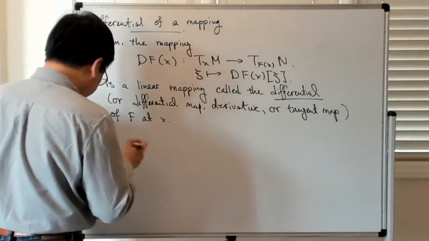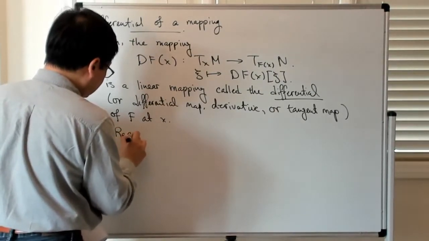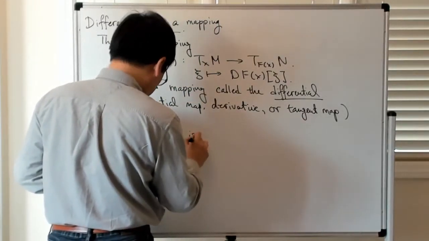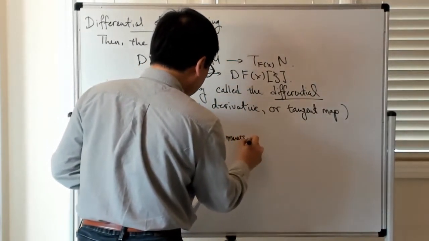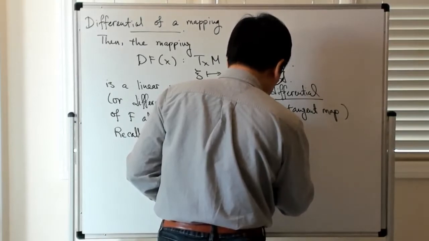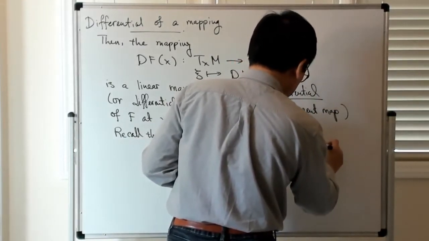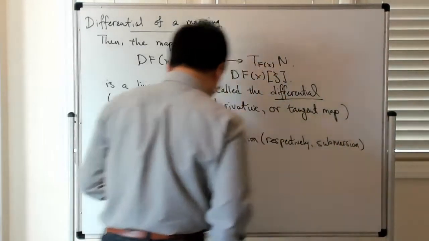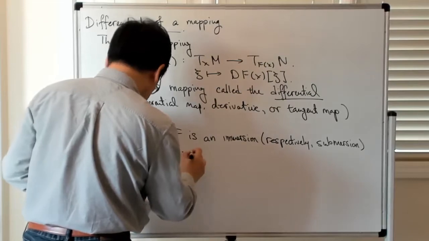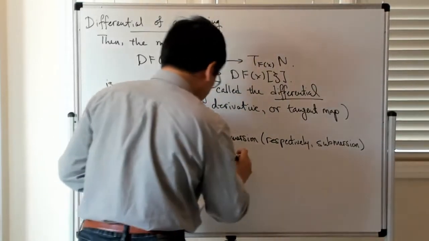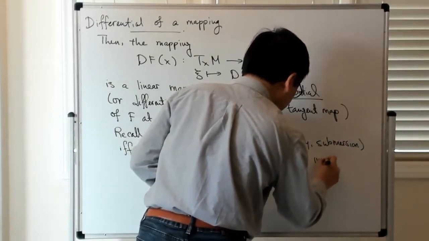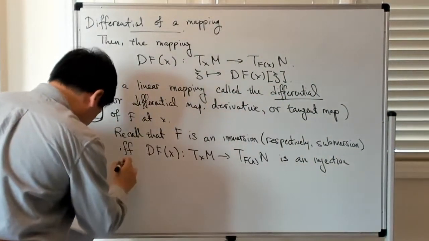So recall that F is an immersion, or respectively a submersion, if and only if dF at X, which is again a map from T_X M to T_F(X) N, is an injection, or in the case of a submersion, a surjection.